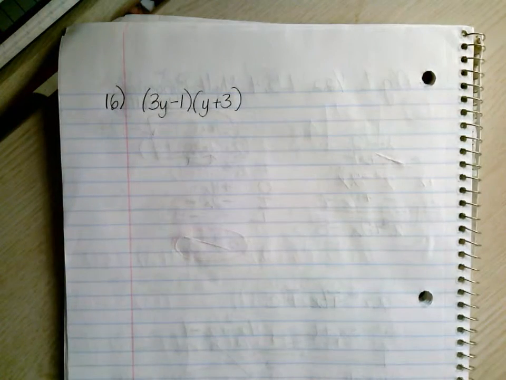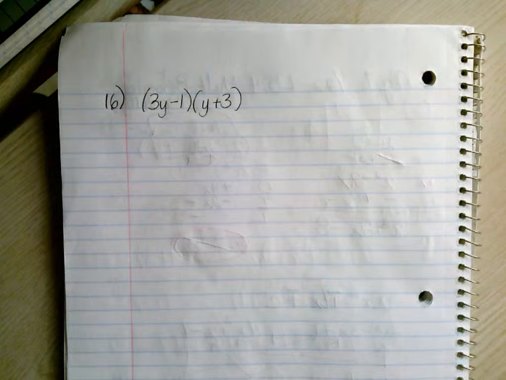And the question says, for each product, so we're going to multiply it first, they want us to identify which one's the quadratic, which two terms ended up combining to become the linear, and what was the constant that gave us that product. Okay, so here's what we're doing.